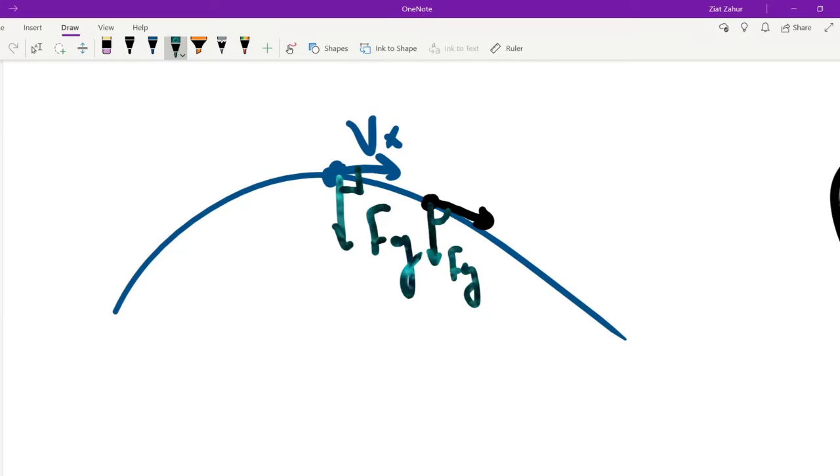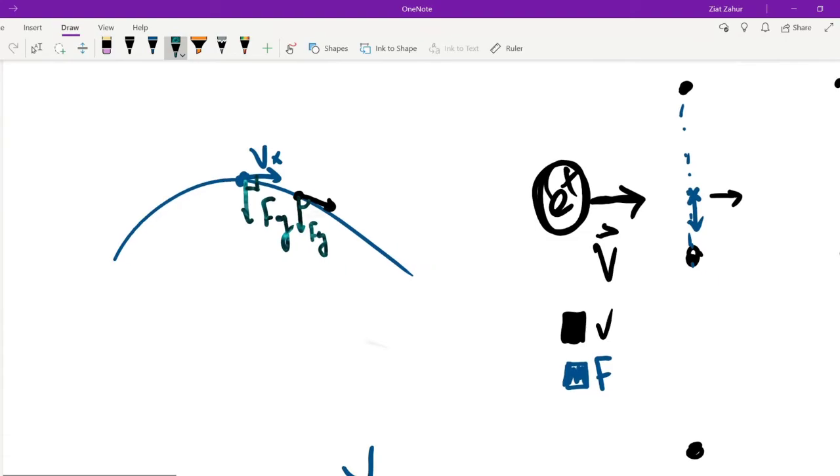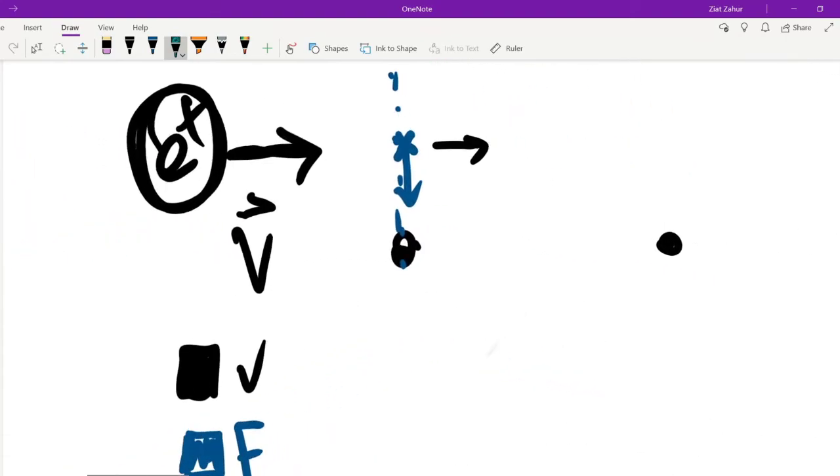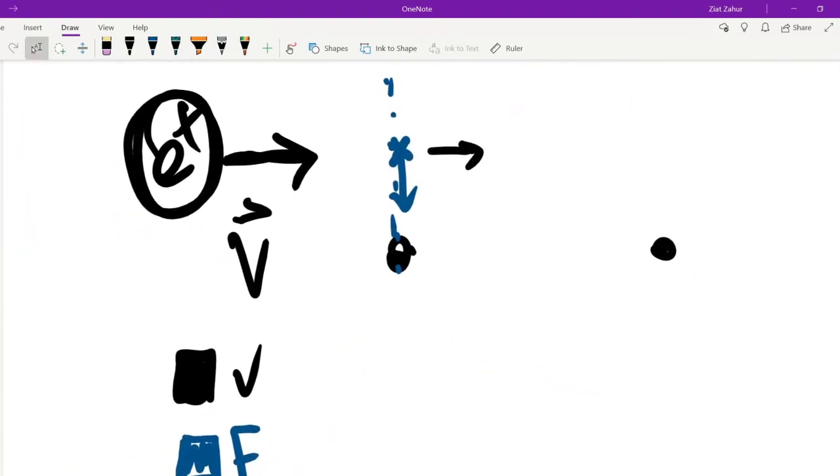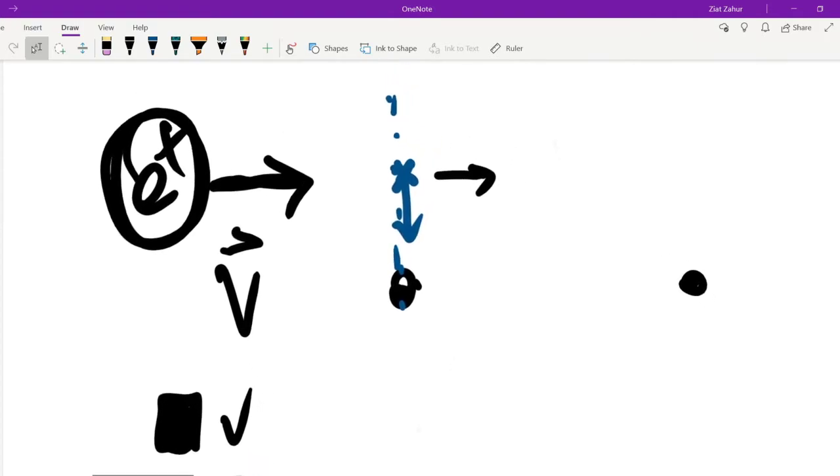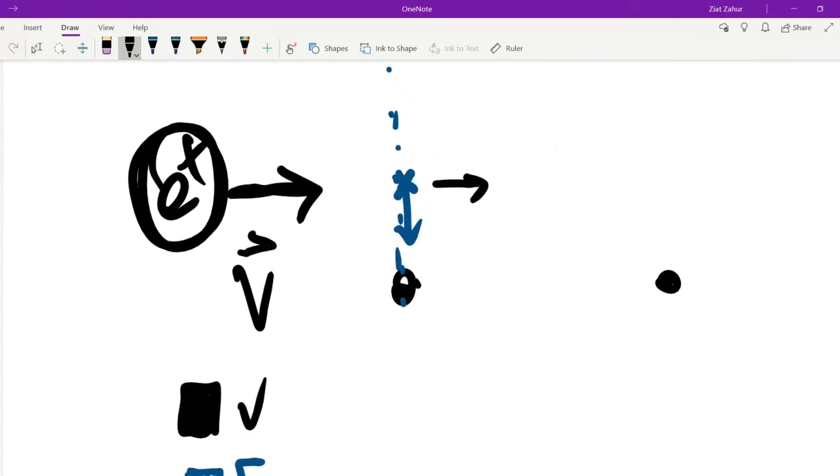Okay. All right. Now, back to here. The velocity is to the right, and at the start, the force was straight downwards. And we know that when it's 90 degrees, it's going to go in some sort of parabola.